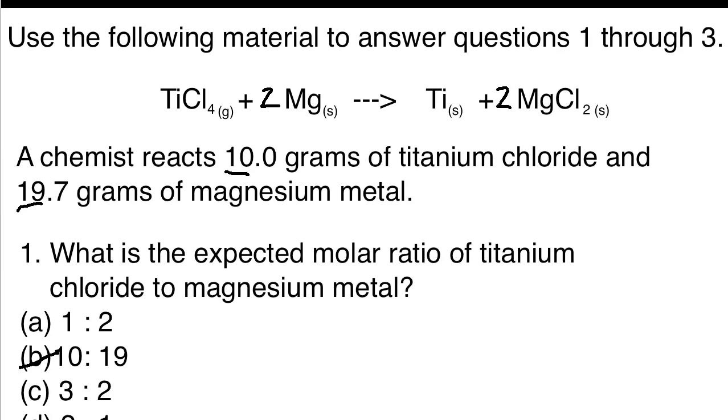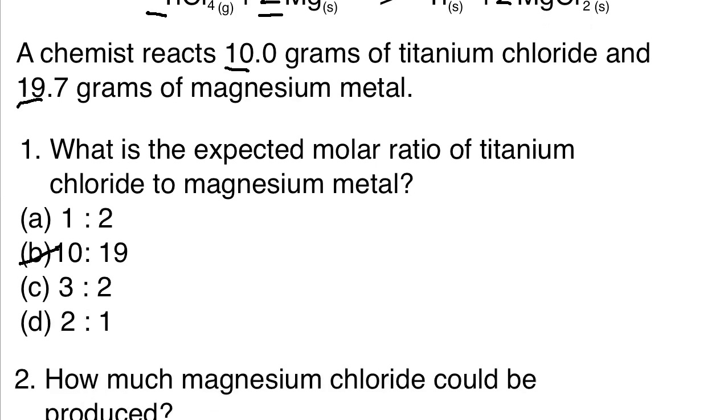So all you needed to do here was look at titanium chloride to magnesium, and you see that the ratio here is 1 to 2. So the answer would be A, 1 to 2. The rest of these would not be correct based on the balanced equation. So the key to answering this question right here is that you needed to balance the equation above. That's where you're going to get that material from.